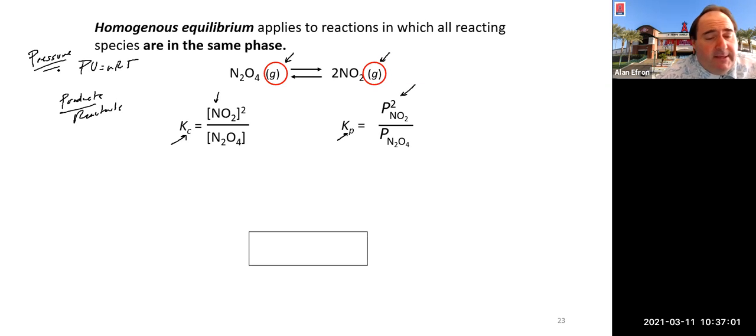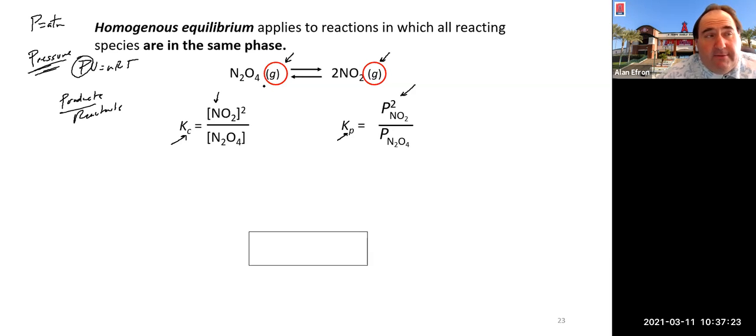An important thing is, if you remember about pressures and maybe the ideal gas law, the standard unit of pressure is an atmosphere, right? 1 atm. And that is typically the unit that, for the most part, you should use in equilibrium problems.